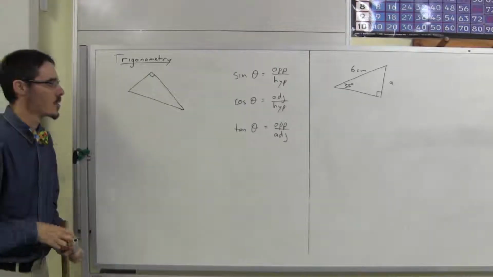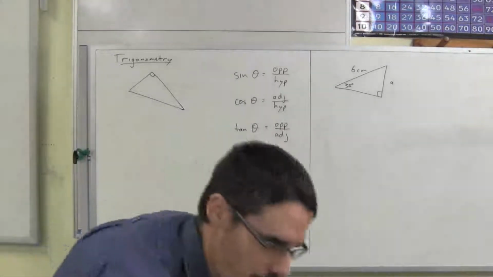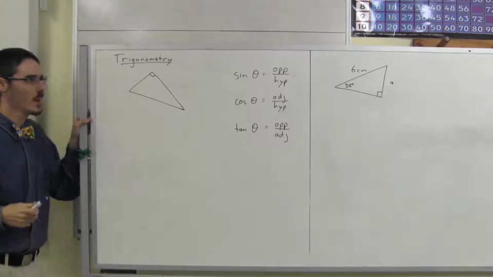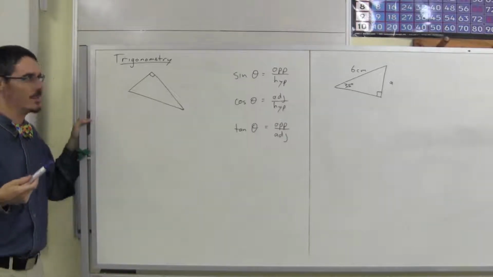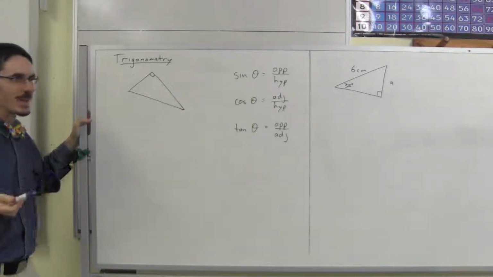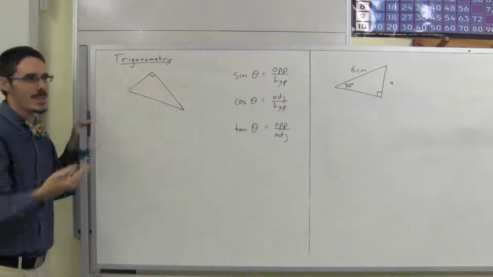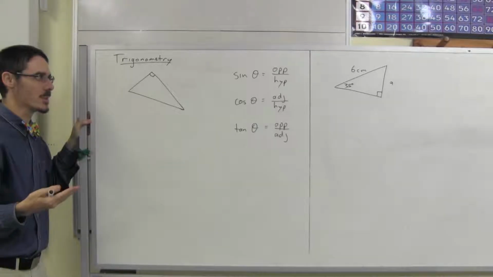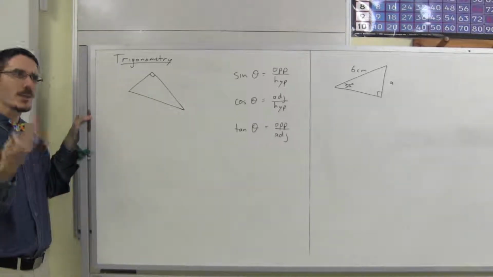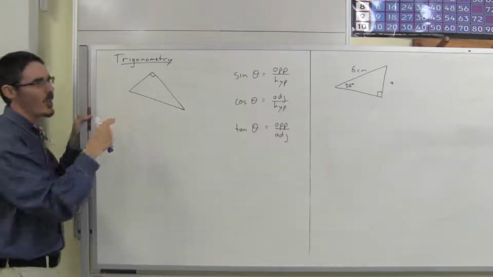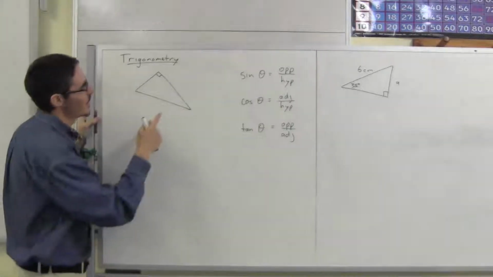Okay? Trigonometry, put that down. Trigonometry is just a clever way of working out lengths and angles in right angle triangles. In fact, as an extension, you can actually use it when there isn't a right angle and there are adjustments you have to make. But we're not going there today.